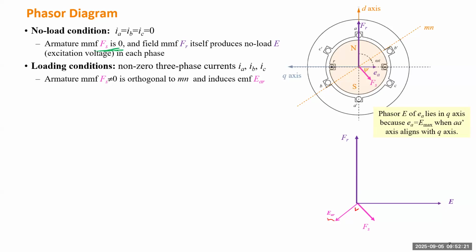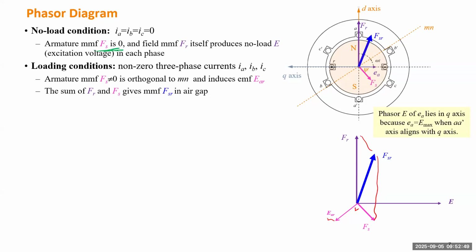So this voltage is induced by the rotor only, and this voltage is induced by the stator only. Now we are going to calculate the total voltage, which will determine the real voltage the external system can have to operate, to be powered. The sum of FR and FS gives you the total magnetic force, which we call FSR. If you see this parallelogram, that is the sum of the two magnetic forces.